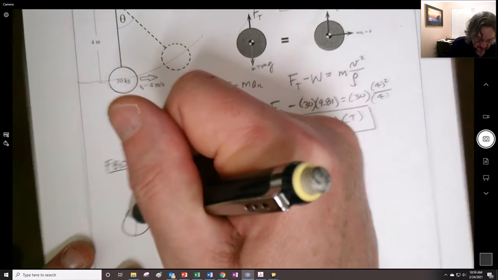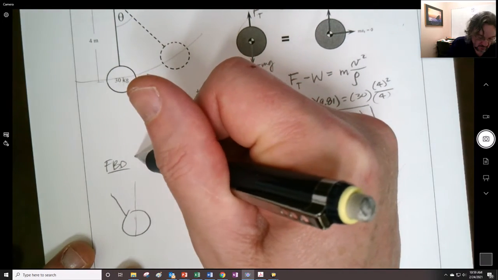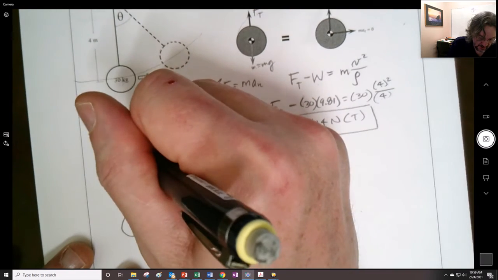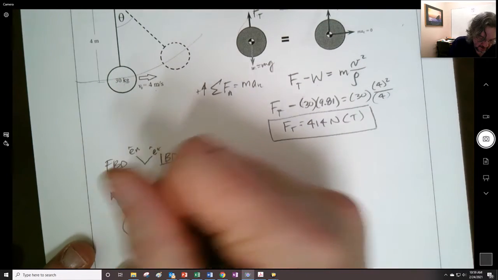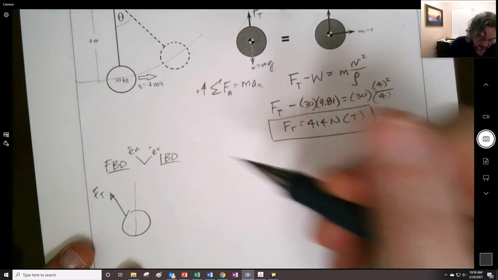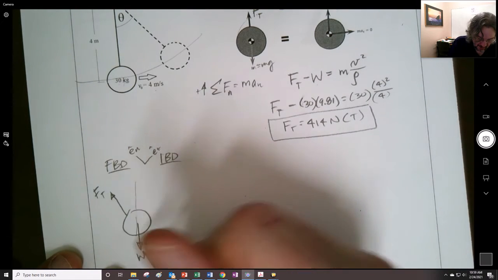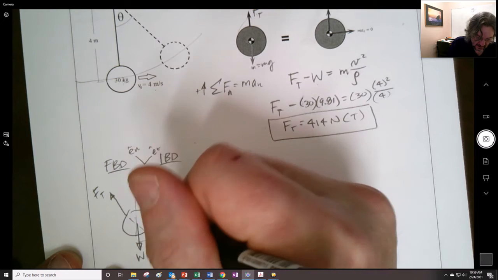Here's vertical, here is the angle, the tangential direction ET is that way, and EN is this direction. Here is the tension FT, and here is the weight of the thing.